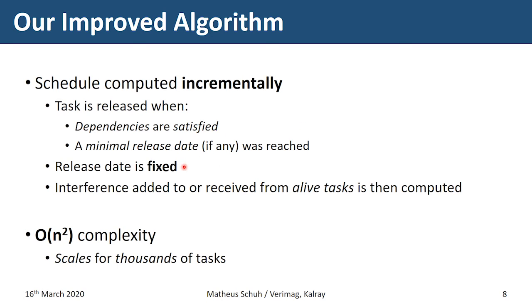Once we schedule a task, its release date is fixed and won't change later on. And it's only at this moment that we compute the interference impact of adding this particular task onto the subset of currently running tasks. This approach reduced our complexity to O(n)(, and we are able to easily schedule thousands of tasks, which was not possible with the original algorithm.